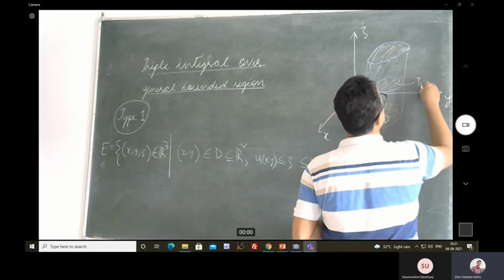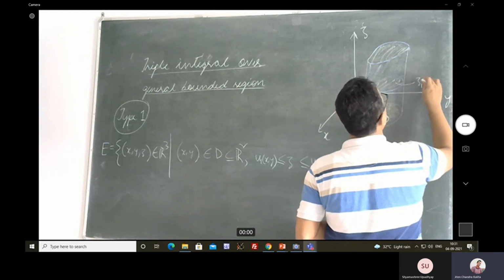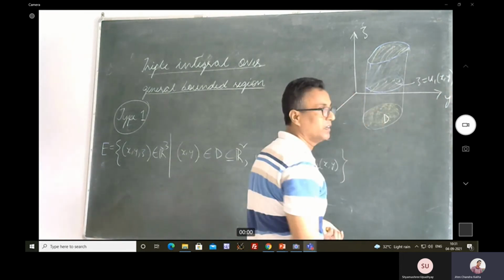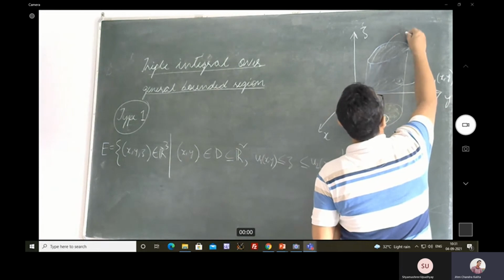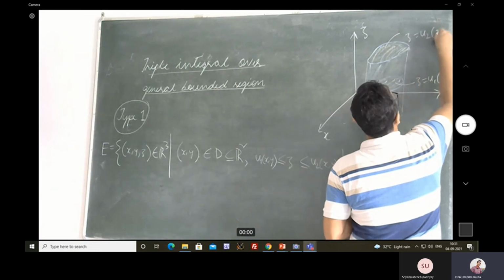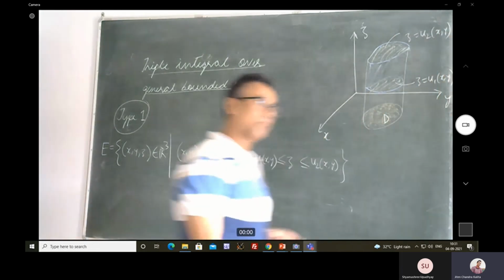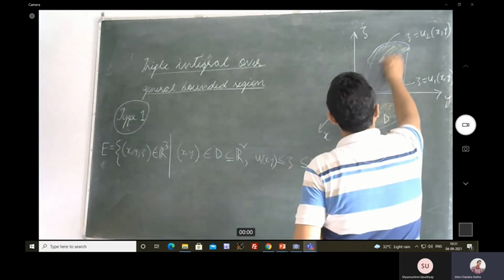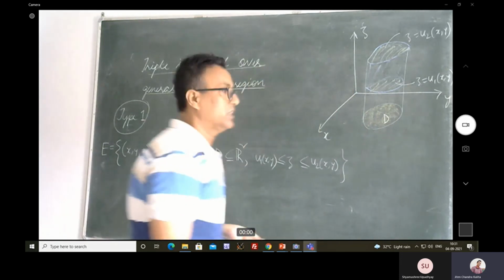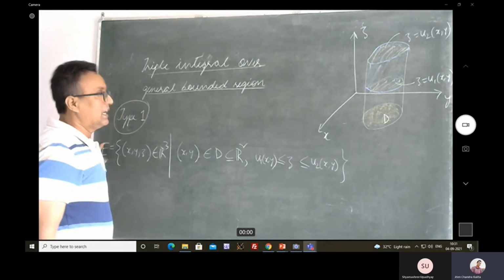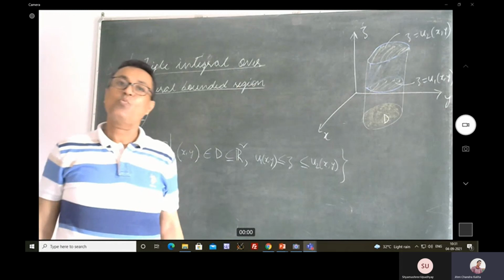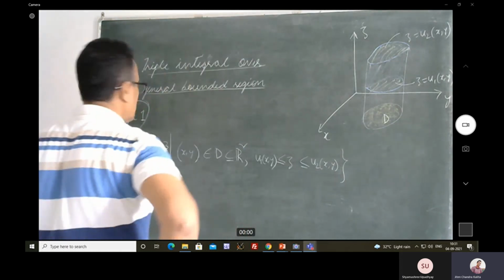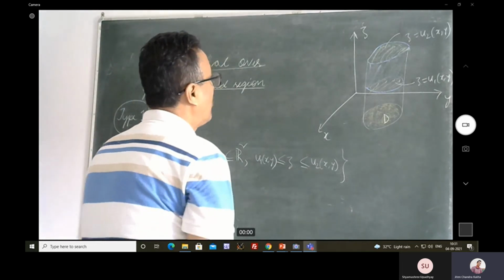So this surface is maybe z equal to u1(x, y), and this surface is z equal to u2(x, y). Okay, fine. So this blue shaded region is nothing but E, and these types of regions are called type 1 regions.